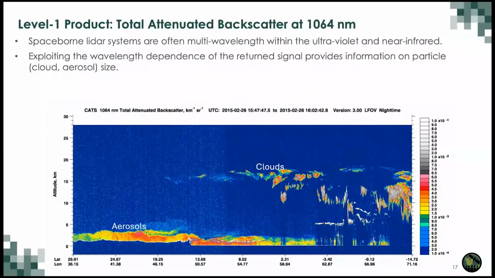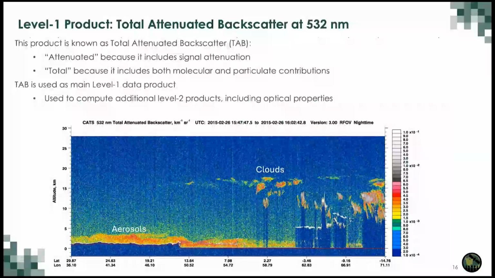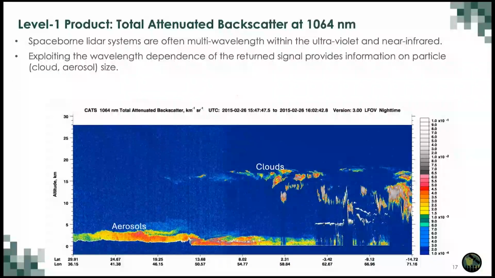And that's because at 532 nanometers, we have more molecular backscattering. And we use these two different wavelengths because, as you'll see in subsequent slides, we use the backscattered signal from these two wavelengths to help discriminate clouds from aerosols.